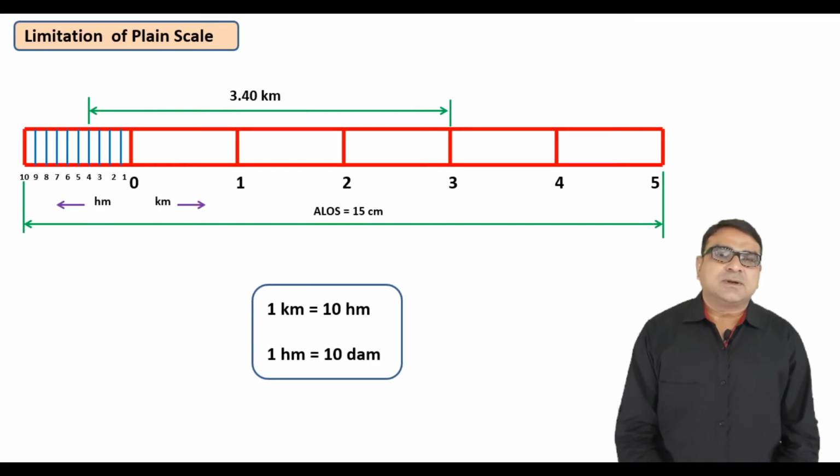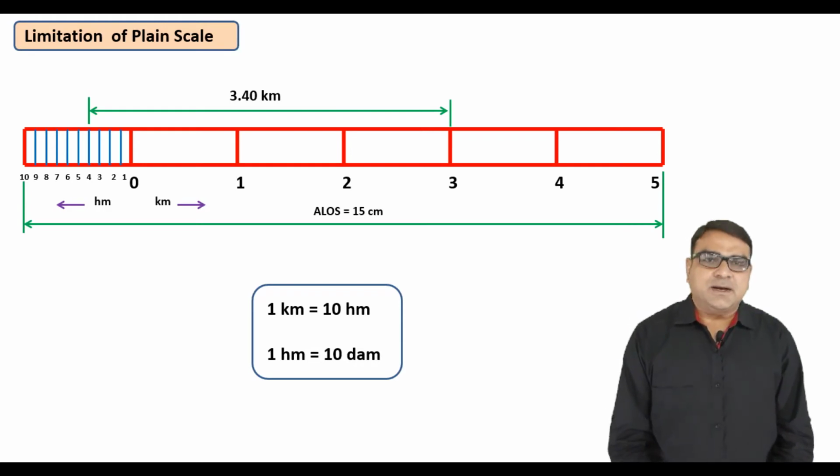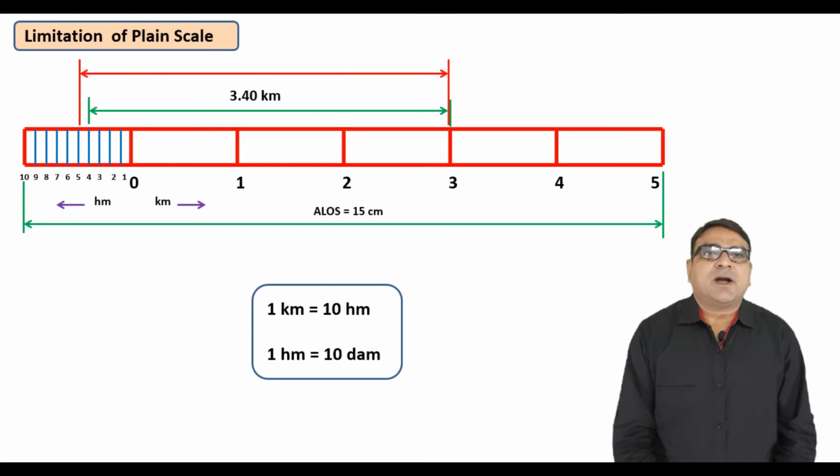As we know, the relation between units: 1 kilometer is equal to 10 hectometer, and 1 hectometer is equal to 10 decameter. If you want to insert 3.5 kilometer, after 3.4 our next measurement is always 3.5 kilometer.